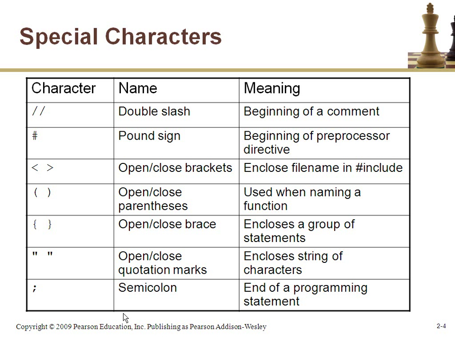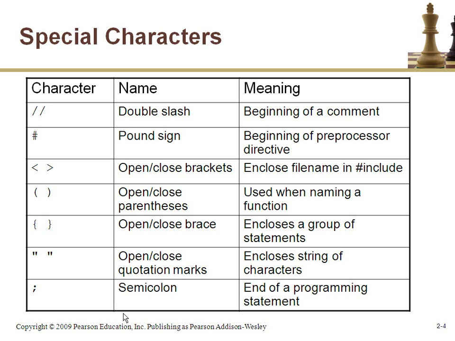The next is open and close braces, sometimes referred to as curly braces. These show the beginning and ending of a group of related statements in a block of code. Always when you open a brace, you have to close it. They have to match up, otherwise you will have a syntax error, or at worst a logic error, which is hard to debug.